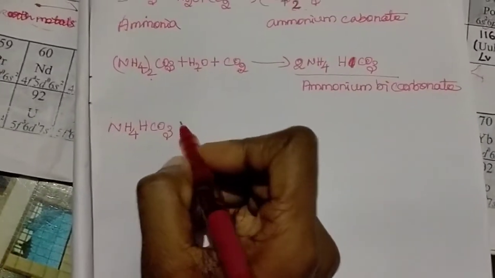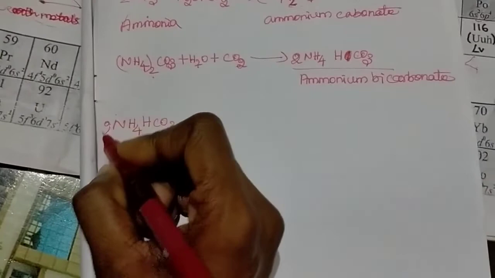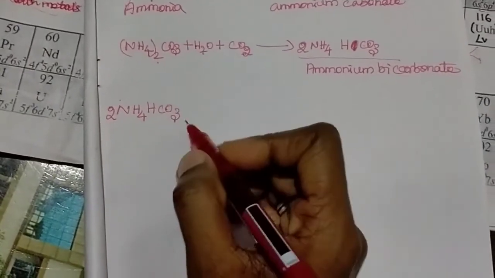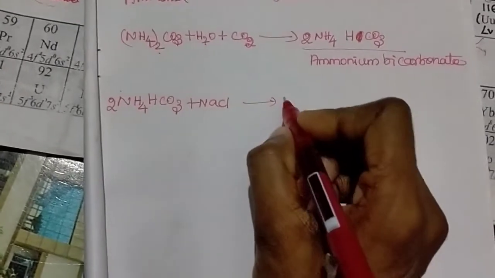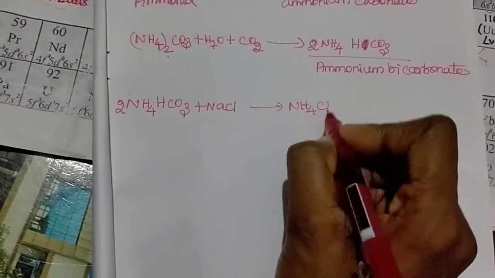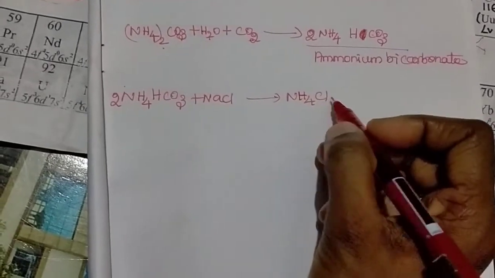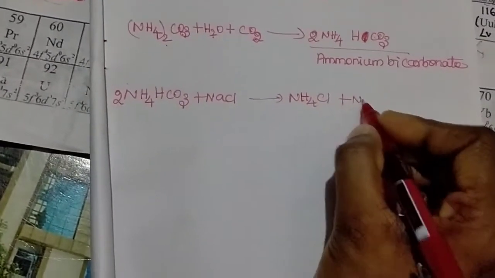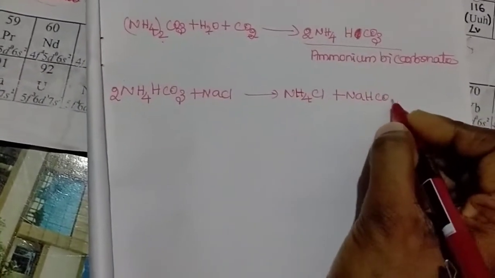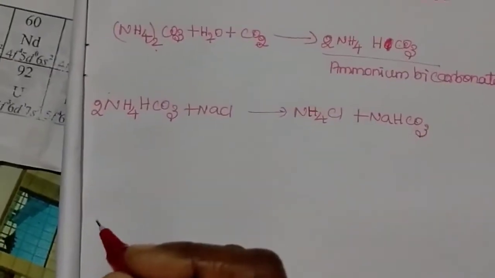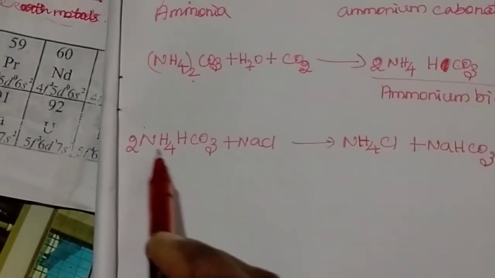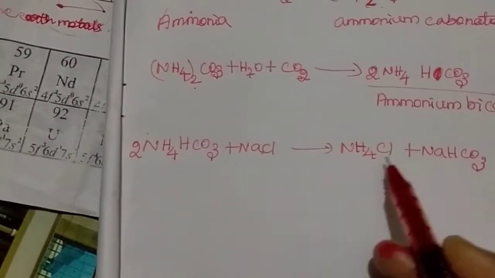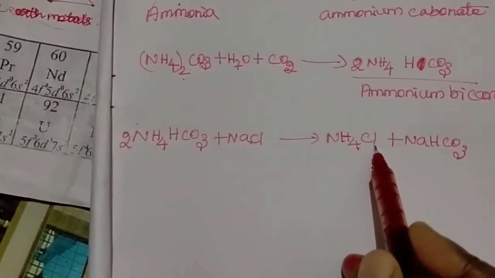And 2 moles of ammonium bicarbonate treated with sodium chloride form ammonium chloride as one product, and the major product from this step is sodium bicarbonate. This ammonium is combined with the chlorine, they form ammonium chloride.